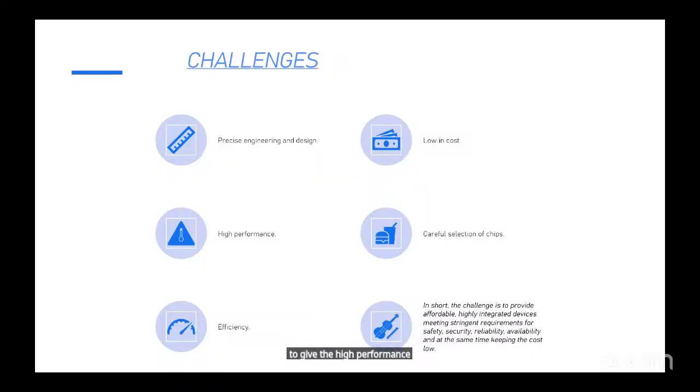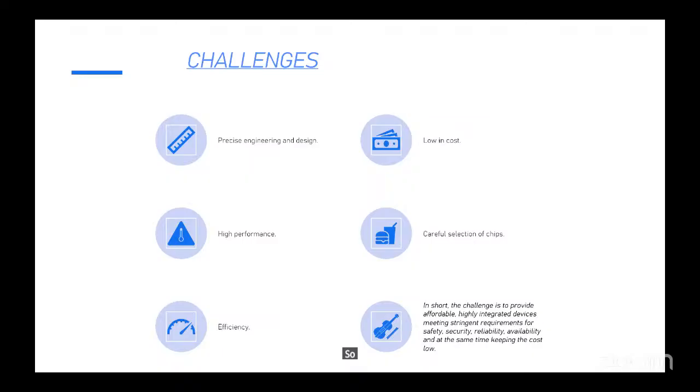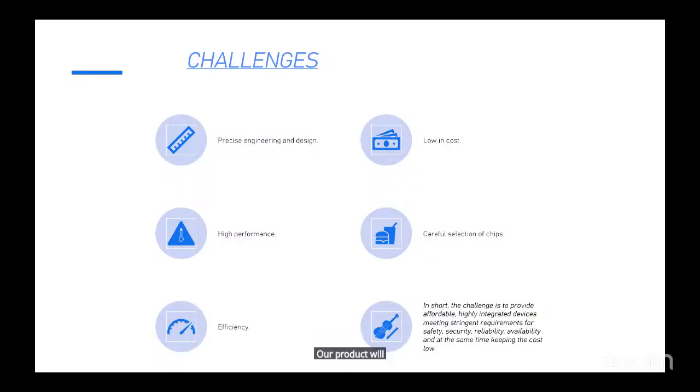Suppose our product has a warranty of 10 years. Then we have to design the product to last longer than the warranty, and maybe the life cycle. For that, we can use some environmental testing of the product, so that we can make sure our product will survive with high performance and reliability.